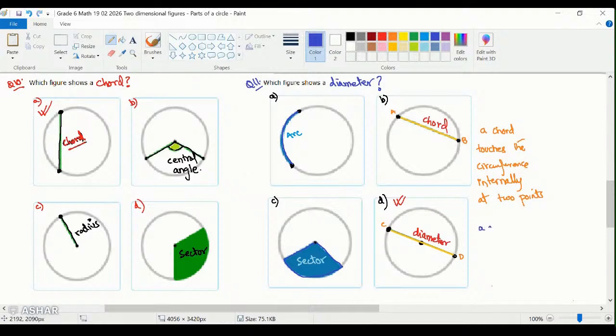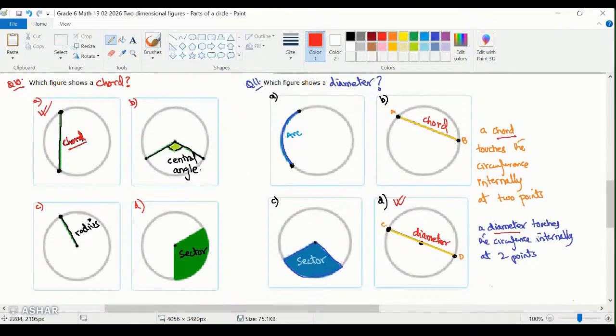A diameter touches the circumference internally at 2 points. So what is the difference between the definition of a chord and a diameter?